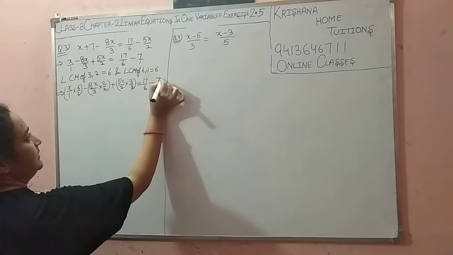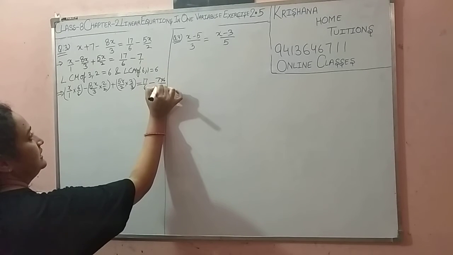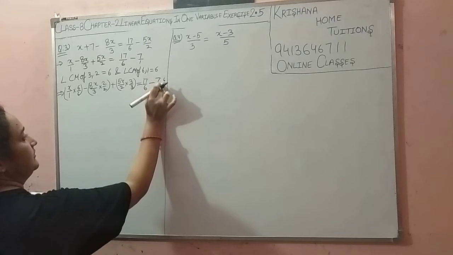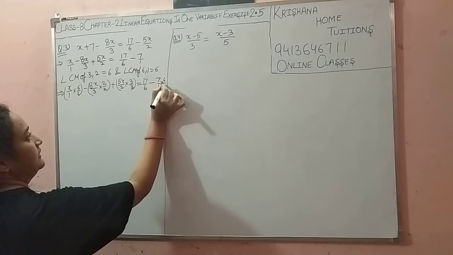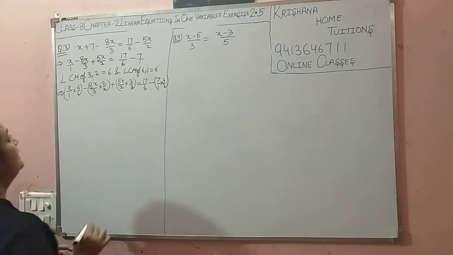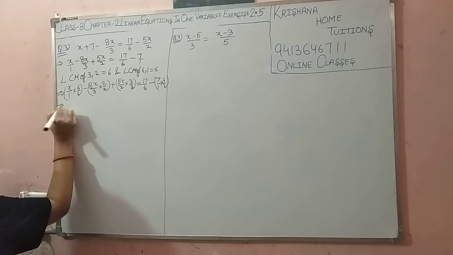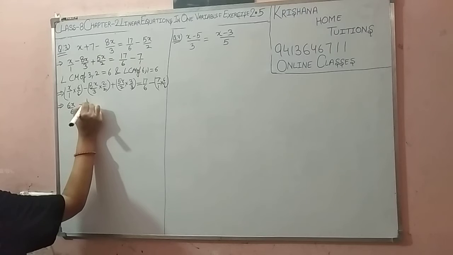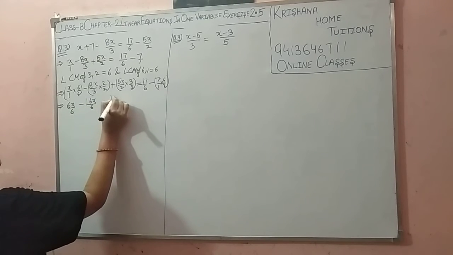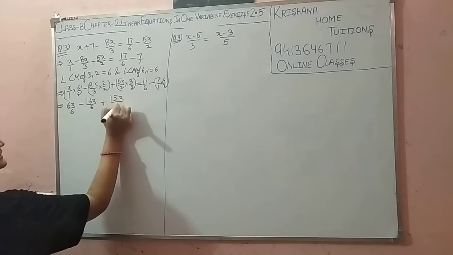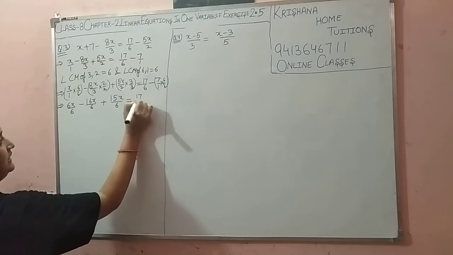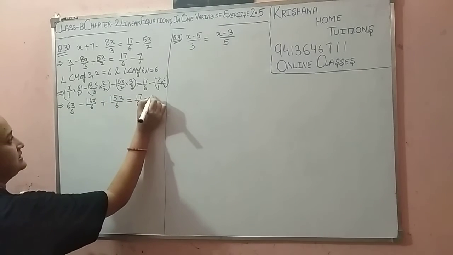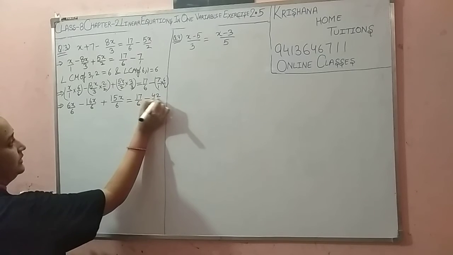Here this term will multiply with 6 to make the denominator same. So it is equals to 6x upon 6 minus 16x upon 6 plus 15x upon 6 is equals to 17 upon 6 minus 42 upon 6.